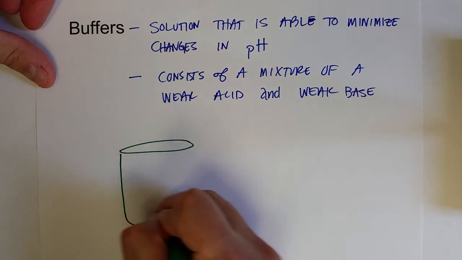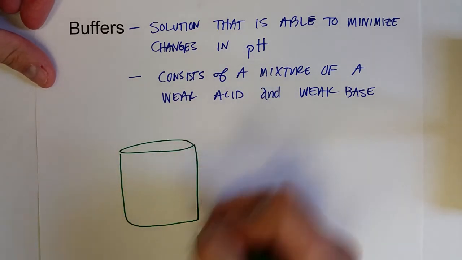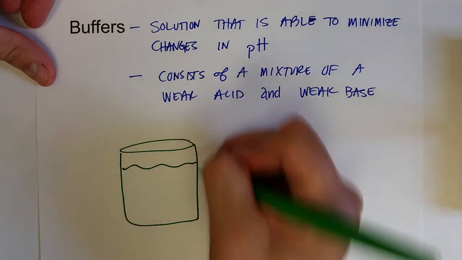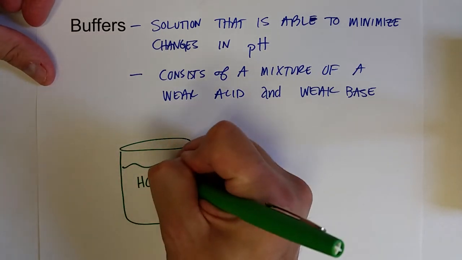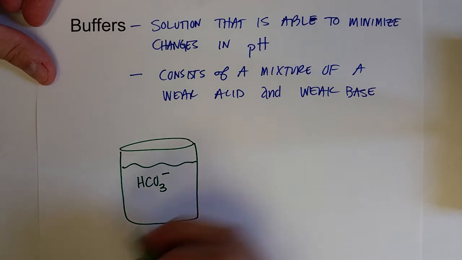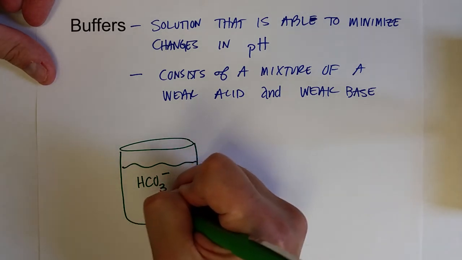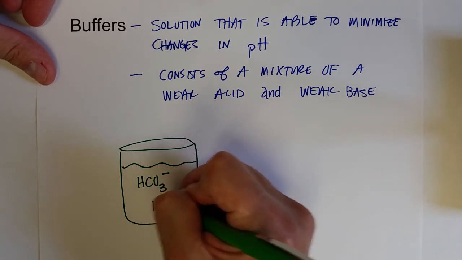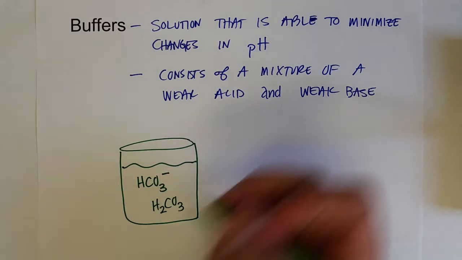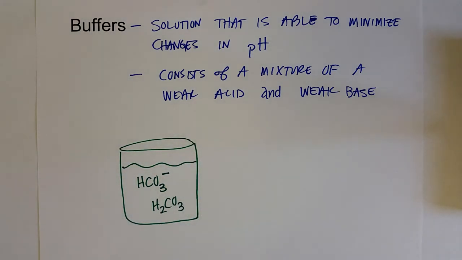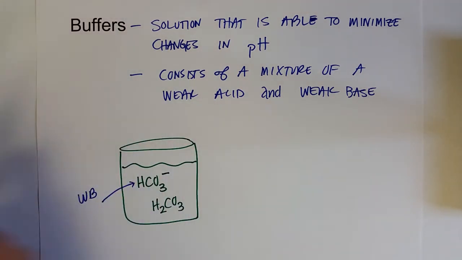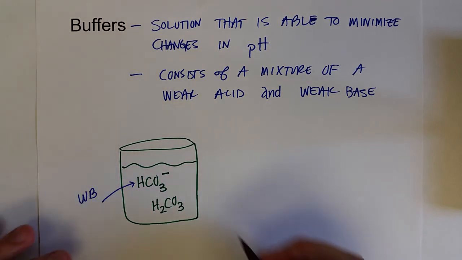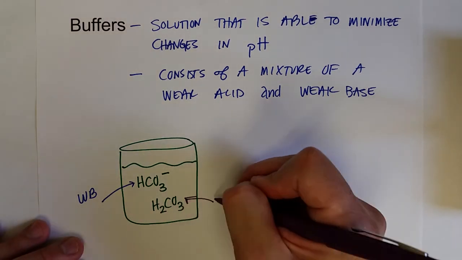Some species that are extremely important in your blood pH are, of course, hydrogen carbonate and carbonic acid. It turns out hydrogen carbonate is a weak base because it can accept a proton to form carbonic acid. And then, of course, carbonic acid is a weak acid.